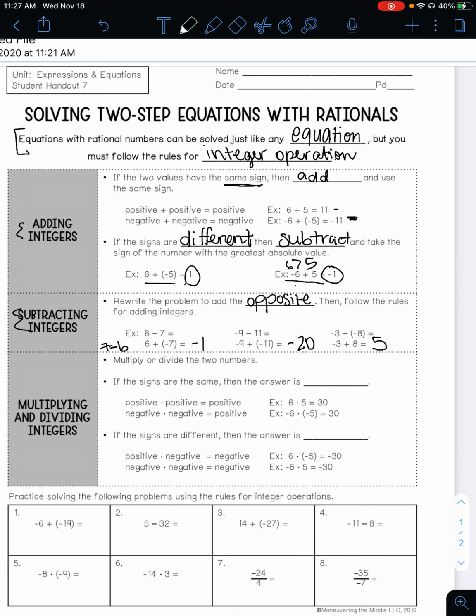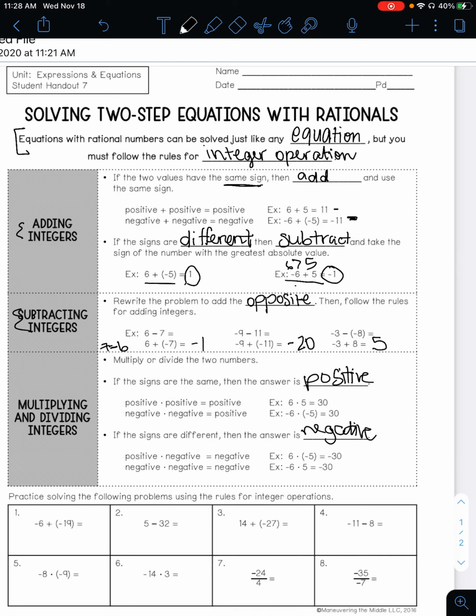Now multiplying or dividing two numbers. If the signs are the same, the answer is positive. If the signs are different, the answer is negative. Remember, a positive times a positive is a positive, and a negative times a negative is a positive.